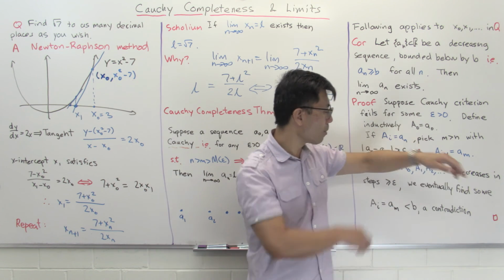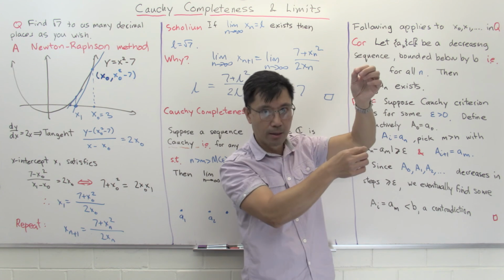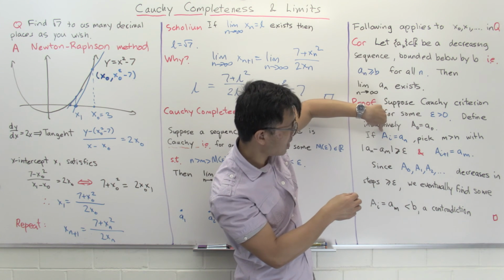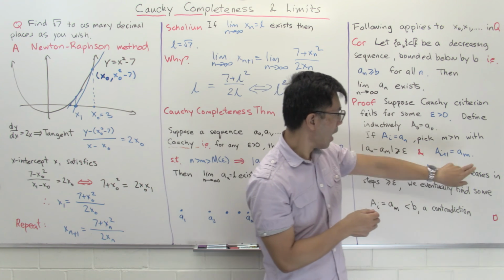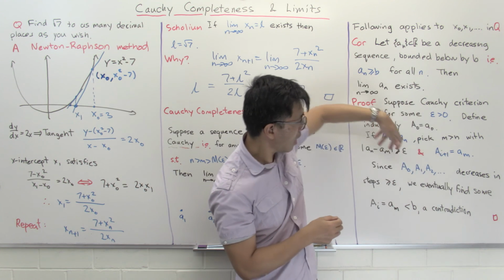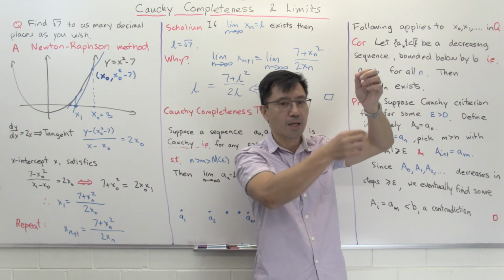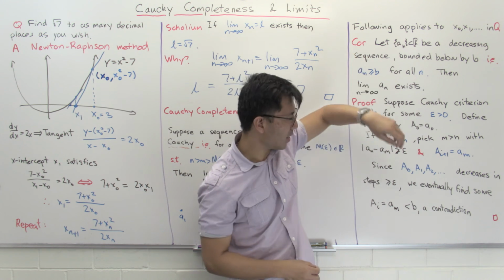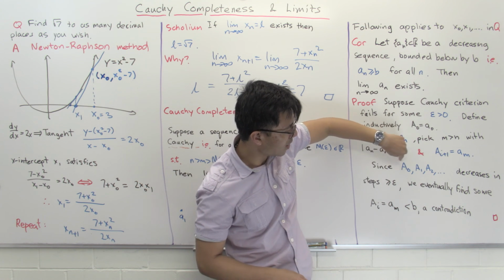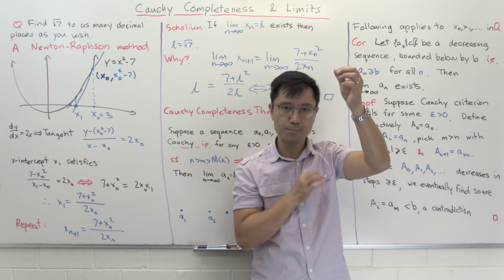Remember, it's a decreasing sequence, so it's going to decrease from the previous element by at least epsilon. And now we can keep going. This is an inductive definition. We keep finding elements in the sequence which are later on, where each time you're decreasing by at least epsilon. So that's my sequence A0, A1, A2, and so forth. At each step, you're decreasing by at least epsilon.